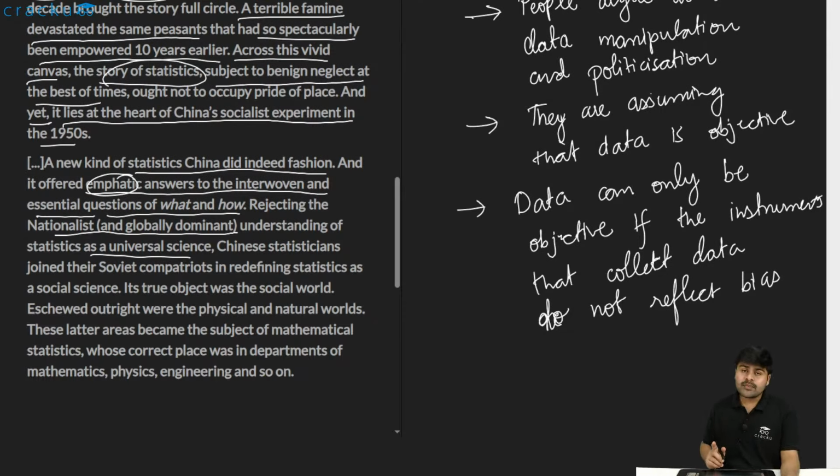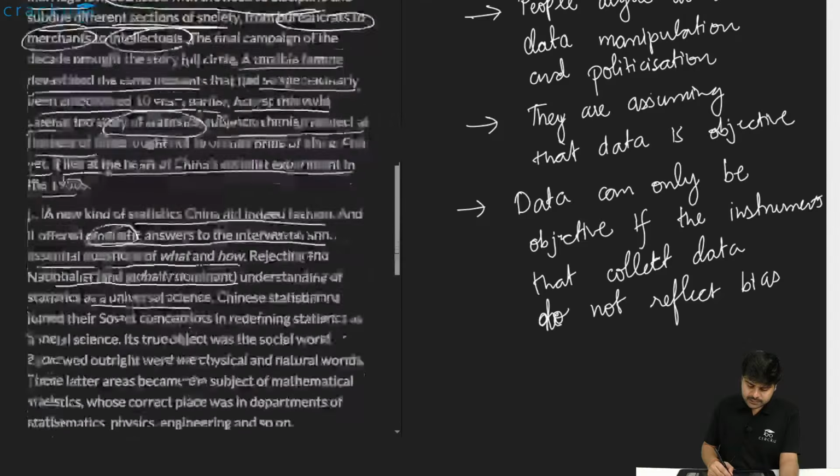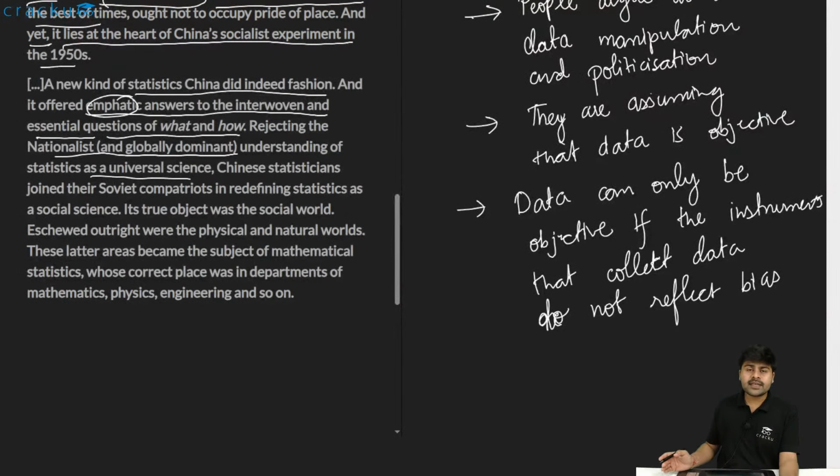But unlike them, the Chinese communists, just like their Soviet counterparts, who were also doing this socialist experiment, started doing this socialist experiment after they defeated the nationalists, Chiang Kai-shek, right? So after they defeated all of them, they also tried to see statistics as something different.